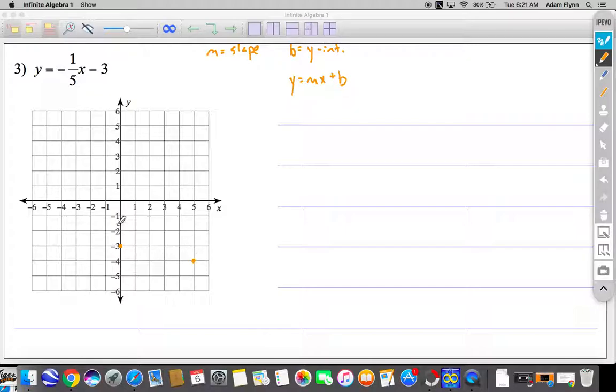Or I could go up 1 and to the left 5. And from there, I can just connect my points. And that's it. On to the last one.